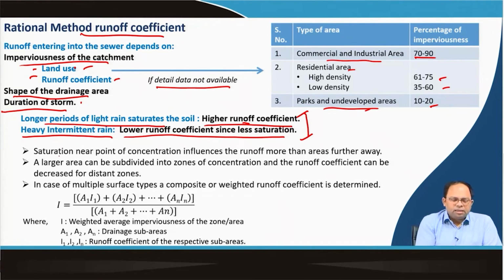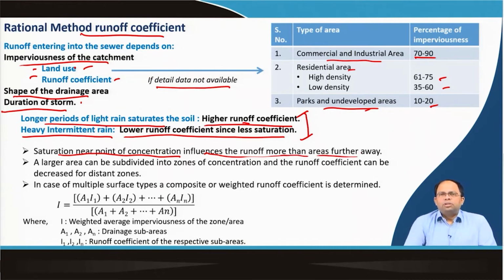The other point that you will see is that saturation near the point of concentration influences the runoff more than areas further away. Why? Because most of the runoff from different areas comes to this point, and if this area is saturated, then obviously there would not be percolation. So, the quantity of water is higher and infiltration is not happening over there, and that influences the amount of runoff generated.